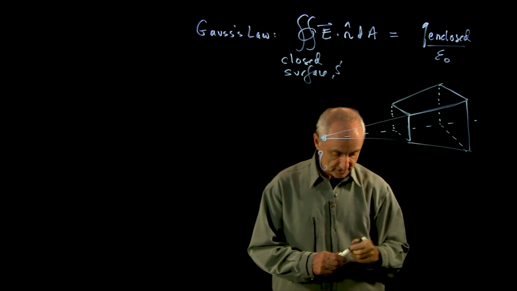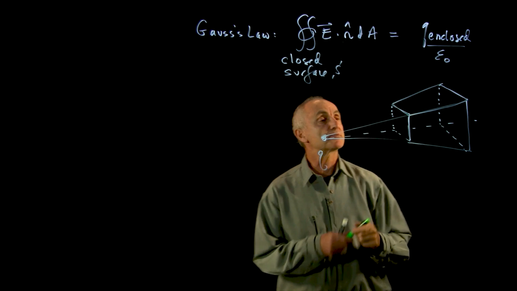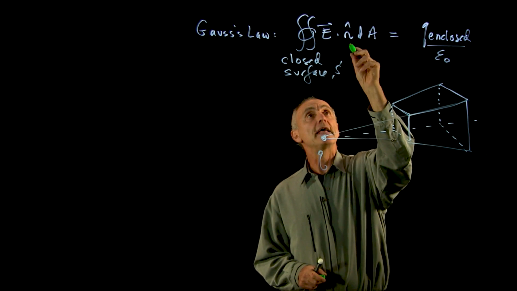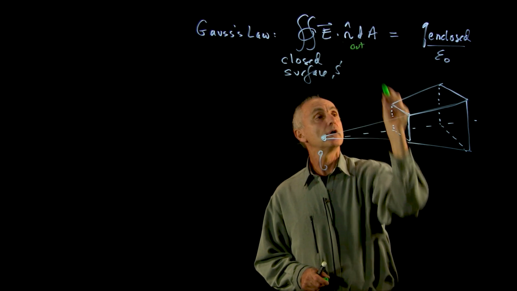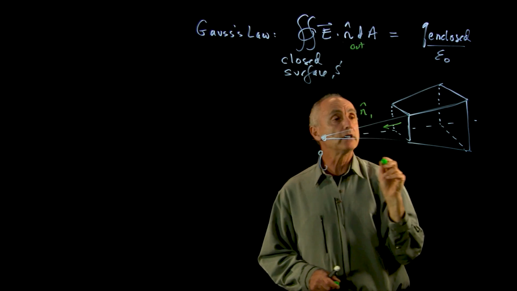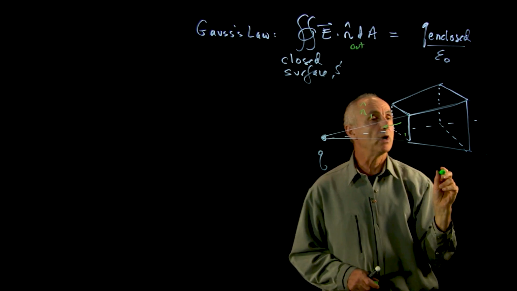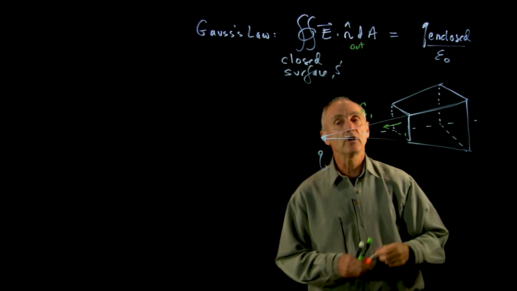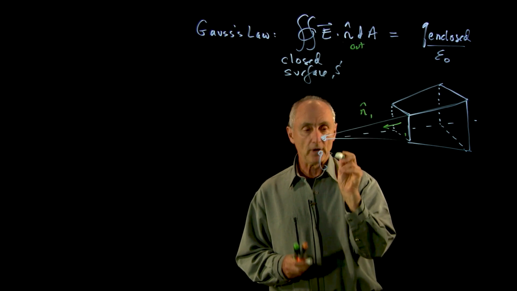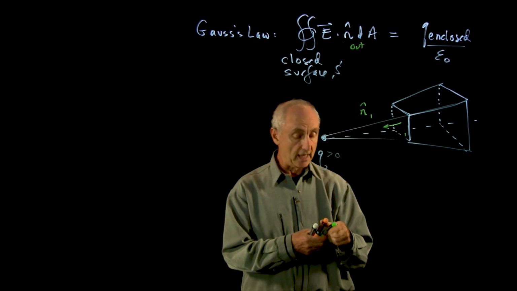And let's now look at a few aspects of this. For instance, because this is a closed surface, n was always outward. And so here we have, I'm going to call this n hat 1. This surface here will be 1. And on this surface, because it's a point charge, and let's just make our charge positive, that way our electric field points away.